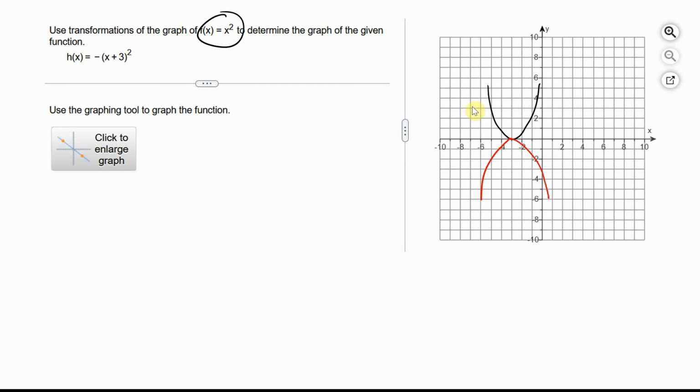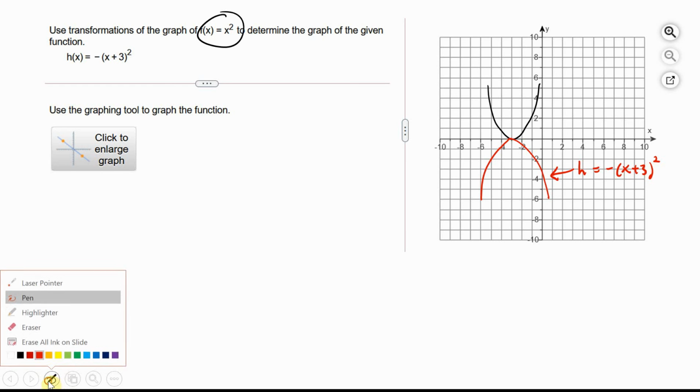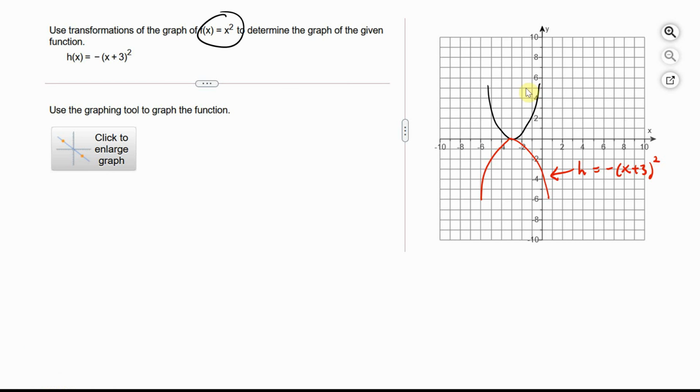So this is h equal to negative times x plus 3 to be squared. And you can erase this one once you get what you want. Let's call that g. This is x plus 3 all to be squared.